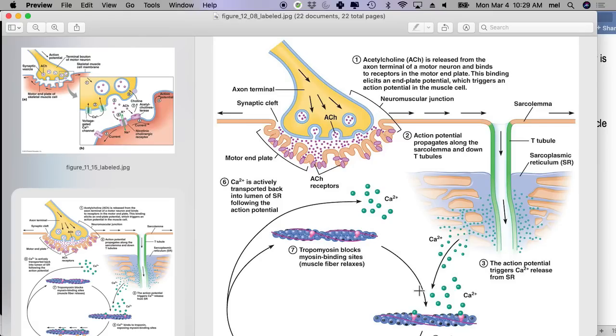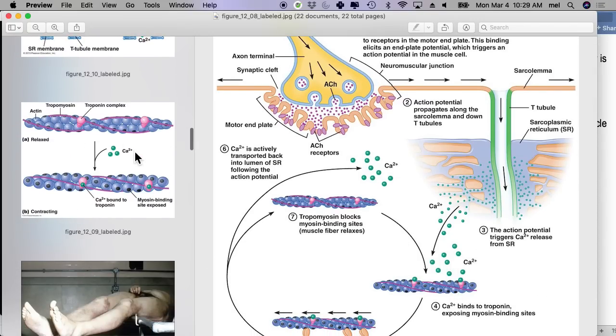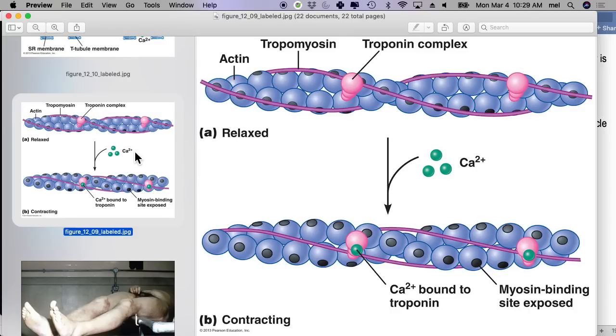So you dump way more calcium than you need, and then calcium will find a place that has a calcium binding site. And the calcium binding site is on one of these little proteins associated with actin. So let's show this, and then we'll show what the impact is. Okay, this is before you tell the cell to do anything, right? This is after the action potential and the calcium release, yeah? Calcium will bind to troponin.